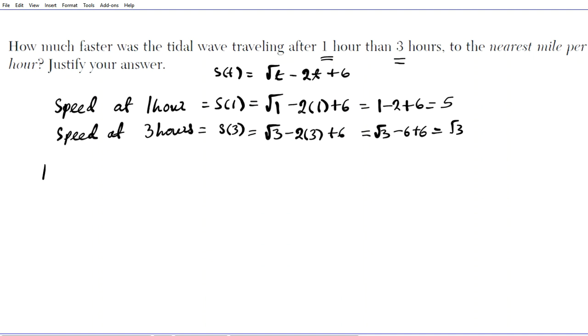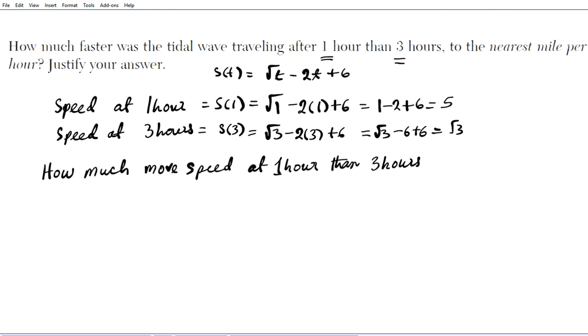Okay, so how much more speed at 1 hour than 3 hours is basically the difference between s of 1 and s of 3. S of 1 is 5 minus s of 3, which is root 3.